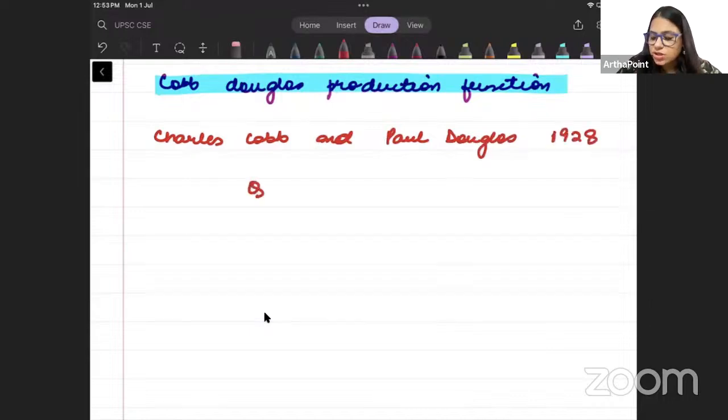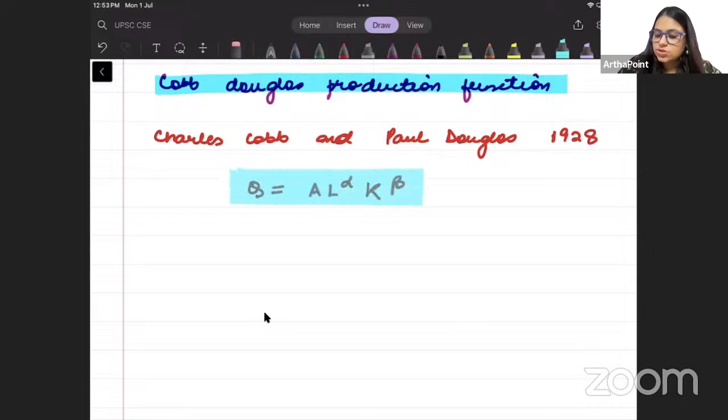Production function ऐसा कुछ दिखता है, Q is equal to A, L to the power alpha, K to the power beta. This is my production function. This production function is also called a well-defined production function.